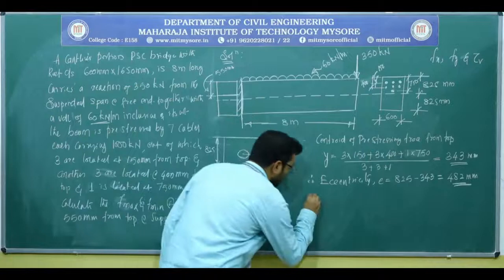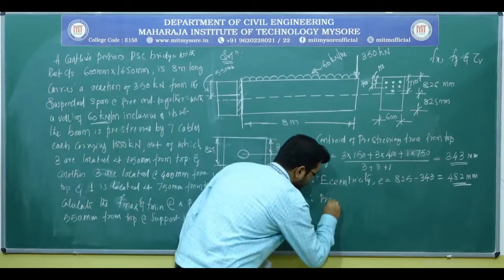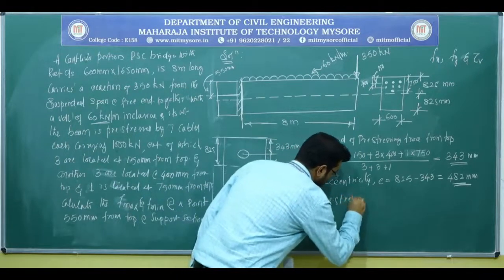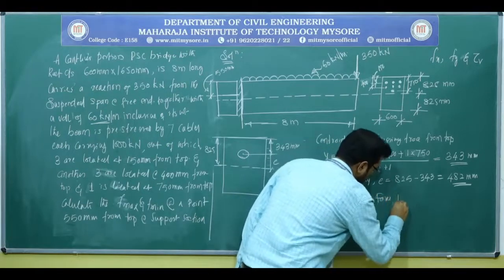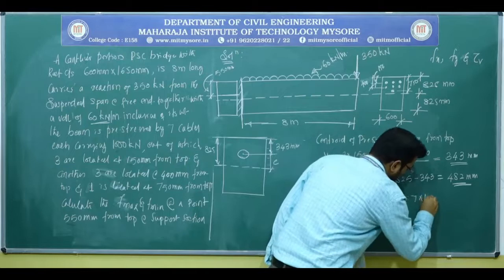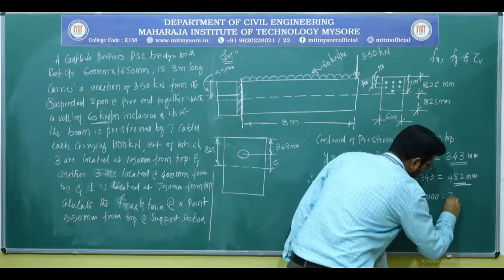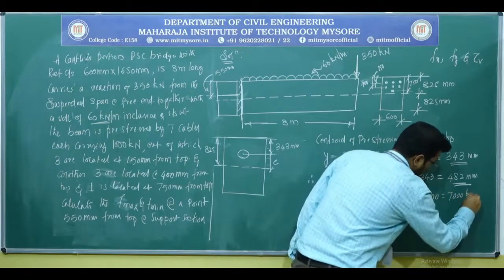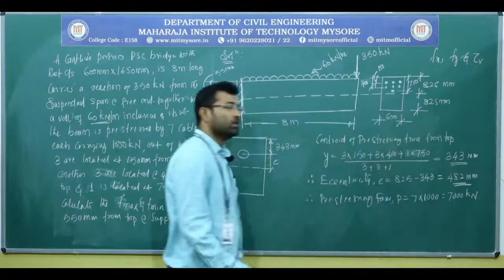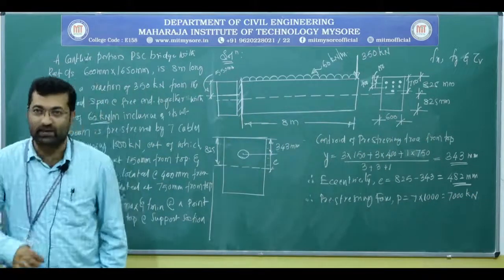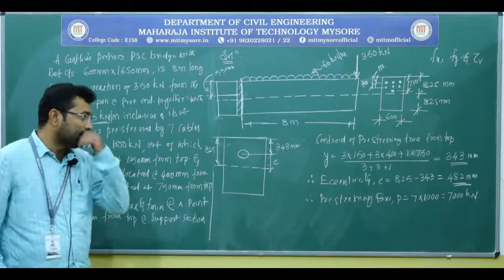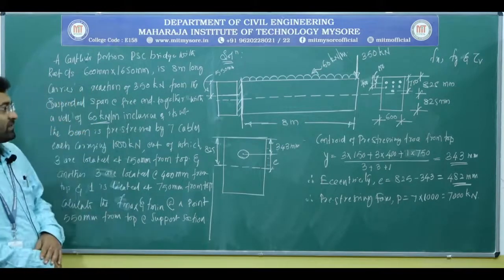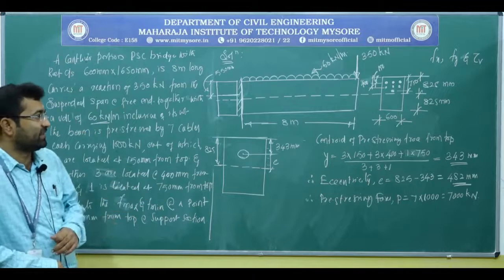Now how much is the total pre-stressing force? Pre-stressing force P is equal to 7 into 1000, so 7000 kilonewton is the total pre-stressing force in the cable, right? Okay. So now we have the pre-stressing force and the eccentricity.